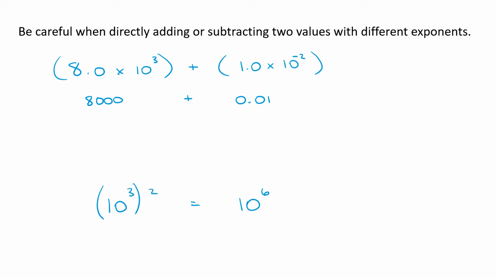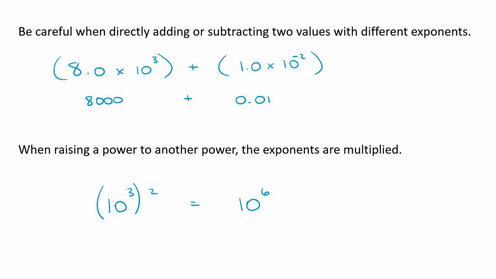And the last part on scientific notation is when you raise a power to another power, the values are multiplied. So just like 10 to, I don't know, the third, and we want to square that.